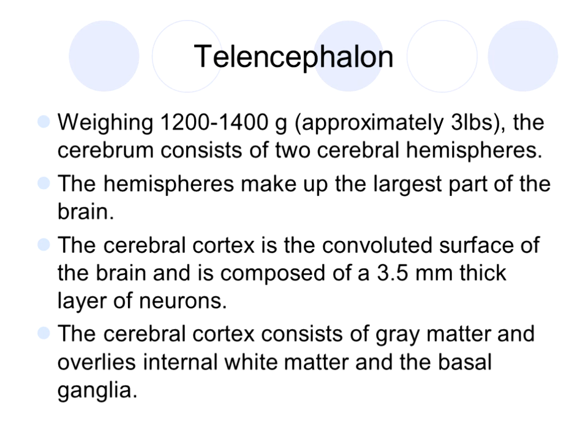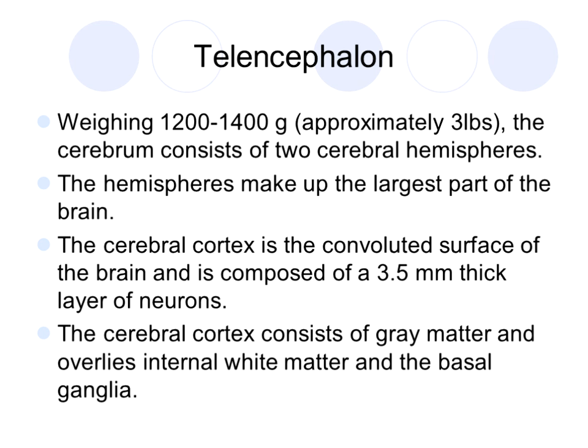And then the limbic system, the cingulate gyrus, hippocampus, amygdala, and I'll show you those. So what we're going to start talking about now is the telencephalon, and specifically the cerebral cortex. It weighs approximately 3 pounds. It's 12 to 14 grams.